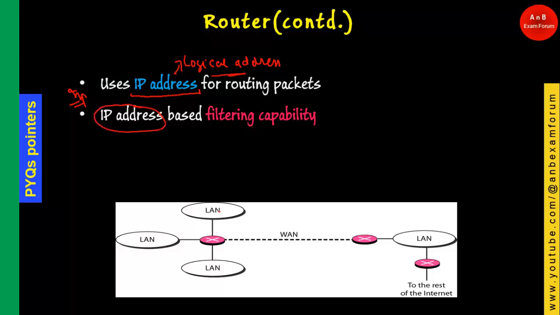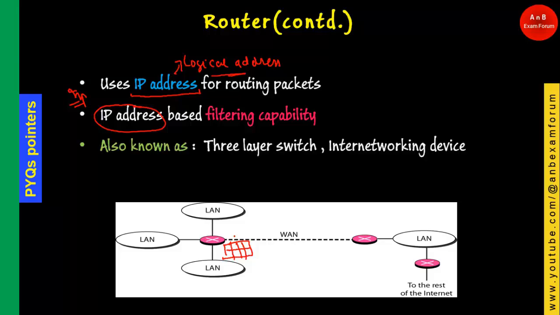Similar to the bridge and switch, it will have a table. That table is called routing table. In that routing table, it is going to have entries based on the IP address, and to which IP address you should forward the data. It is also known as 3-layer switch because it works at the 3rd layer, and also known as internetworking device.